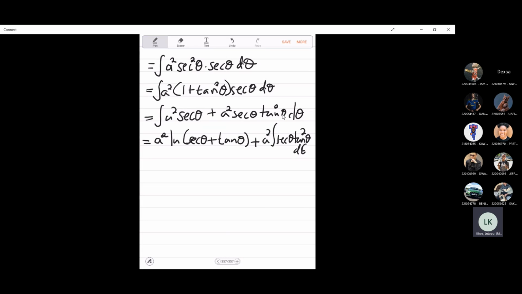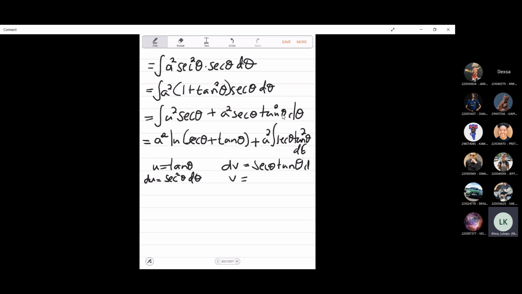Okay, so we need to pick our u and our dv, so we can let u equal to tan theta, and dv will be sec theta tan theta, and this means that du is sec squared theta d theta, and v is sec theta.